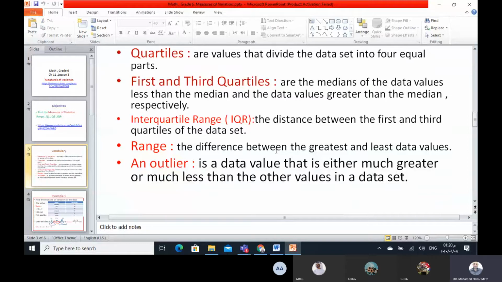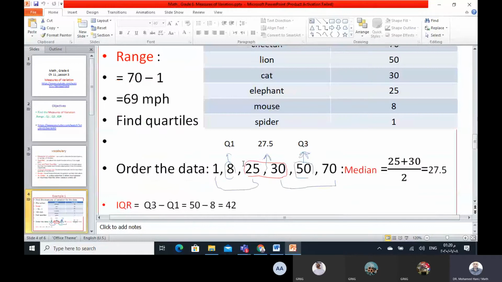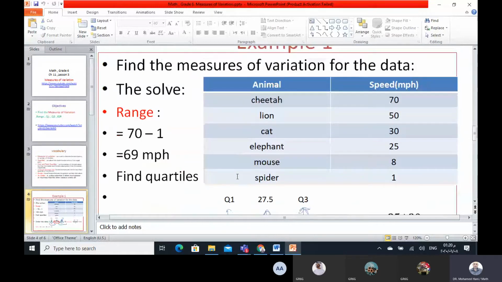Range is the difference between the greatest and least data values. An outlier is a data value that is either much greater or much less than the other values in a data set.